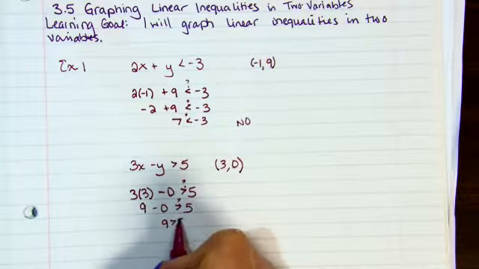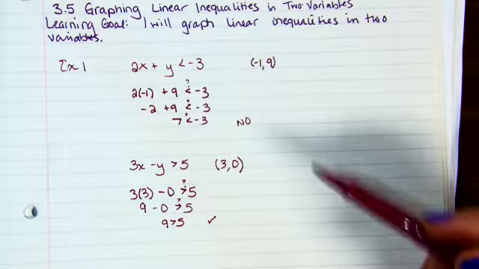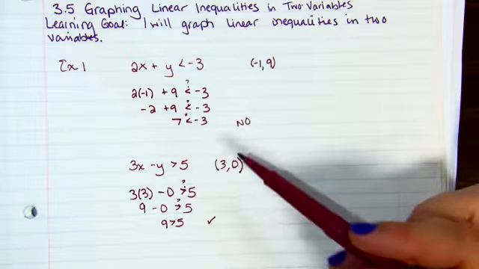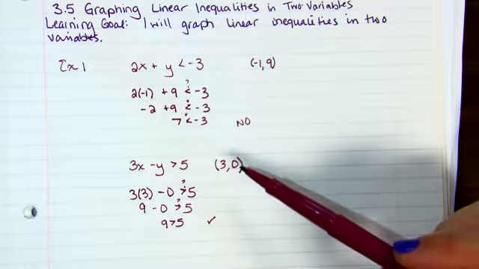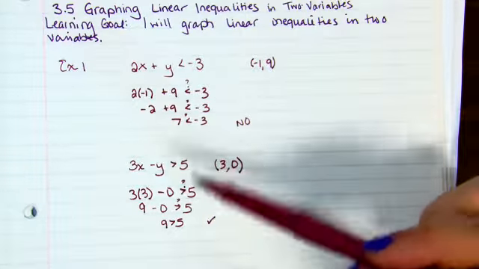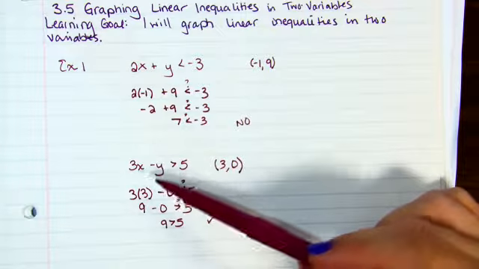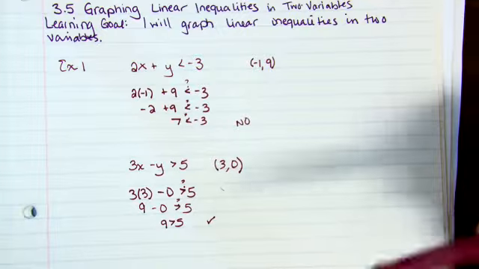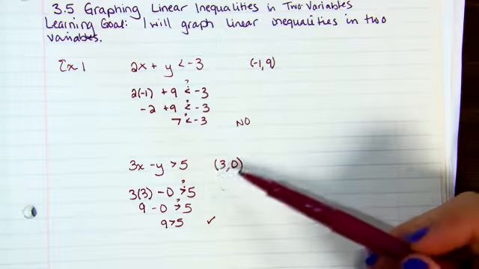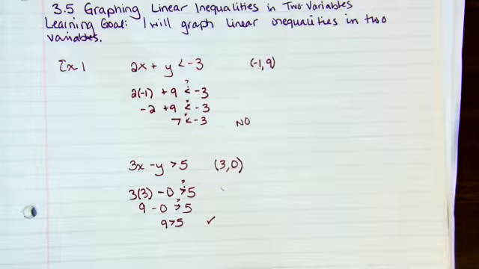Is 9 greater than 5? Yes, it is. So this is a possible solution of this inequality. Now, of course, that's not the only point that will work. There's infinitely many points that will work for x and y. This is just one of them. So that was our first part, just testing if this was a possible solution.